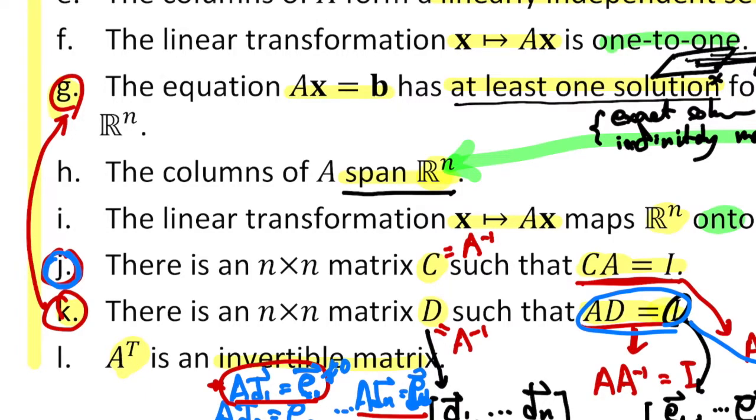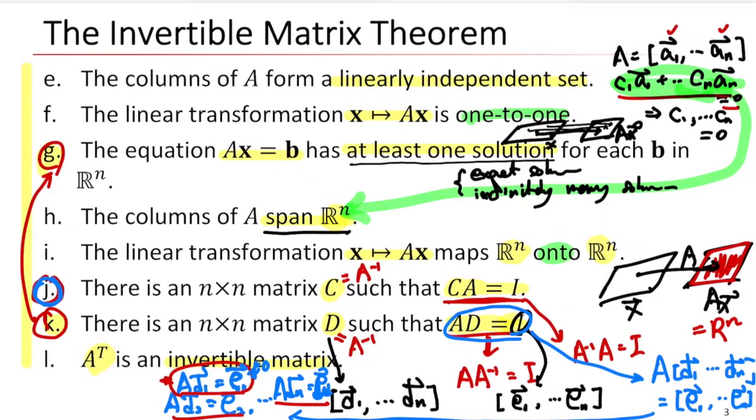Because this term is not zero, this is a non-homogeneous case, right? So we can say that the columns of matrix A span the Rn space.